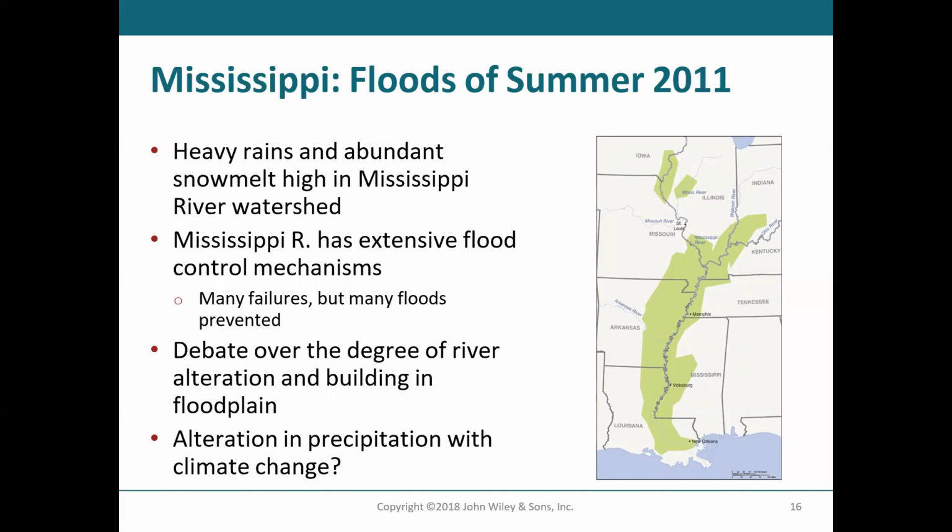In late spring of 2011, there were unusually high rains in the upper reaches of the floodplain, coupled with abundant snow melt from the northern Canadian provinces, which resulted in massive amounts of flooding.